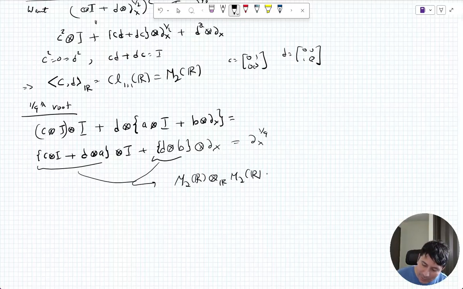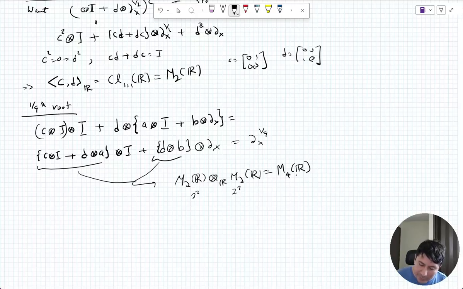So this happens to be isomorphic to, this one's 2 squared, this one's 2 squared, so this is the same thing as M4 of R, basically. So in order to get the fourth root of the derivative operator, we need 4 by 4 matrices as the extension of scalars. And these are the matrices that we want to use to define the fourth root of the derivative operator.